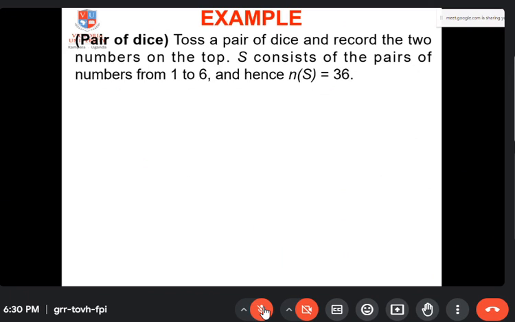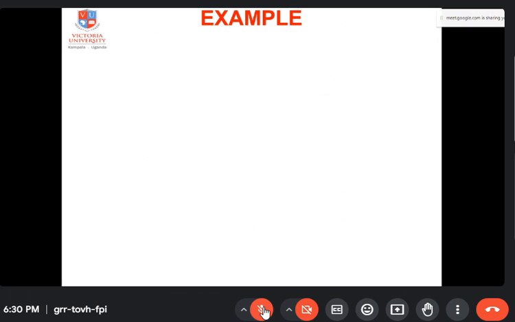So we are saying that you are tossing now 2 dice. Okay? Now each die has 6 faces. So let me say you can toss the first die and maybe it shows a 1. Then the second die can also show a 1.